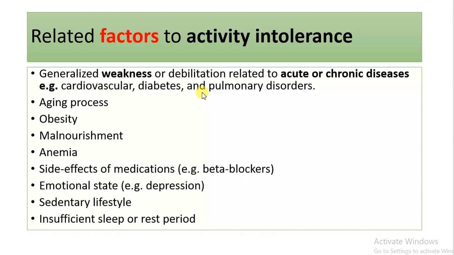Anemia is another factor, because if someone has anemia, oxygen cannot reach the organs, and the organs need oxygen to work properly, in a normal and natural way.